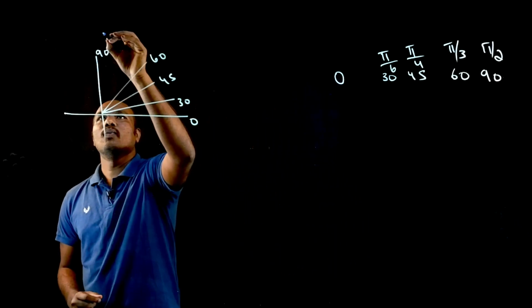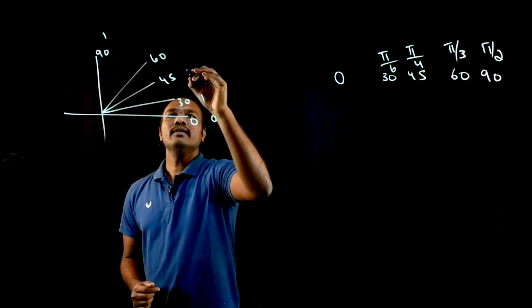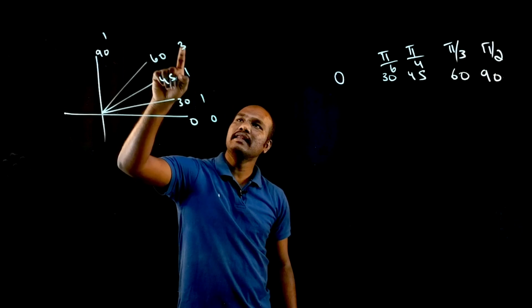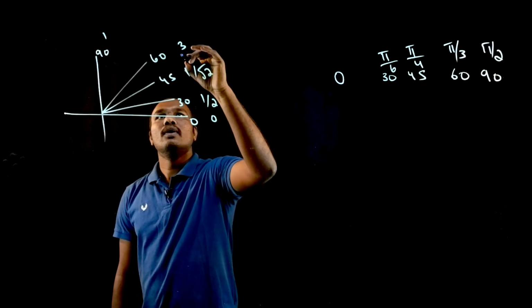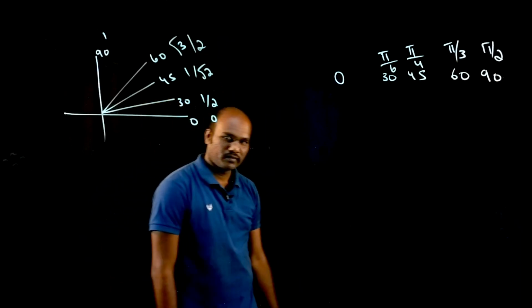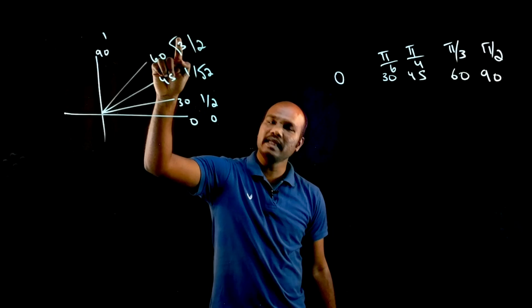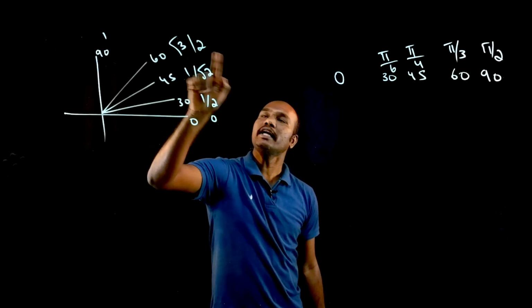It is 0, 1, 1, 1, 3, and here by 2, by root 2, root 3 by 2. You should remember these things. 0, 1, 1, 1, 3, by 2, by root 2, root 3 by 2.